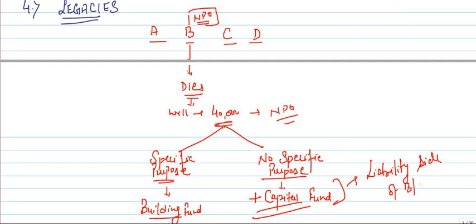All the funds are to be shown on the liability side of the balance sheet. Clear? So this is about legacies. Anything related to legacies, keep this in mind and treat accordingly.